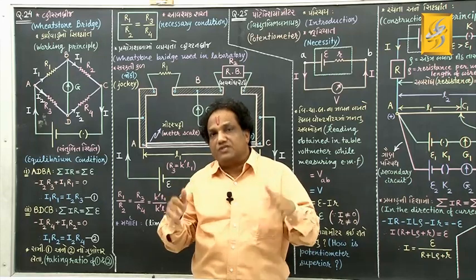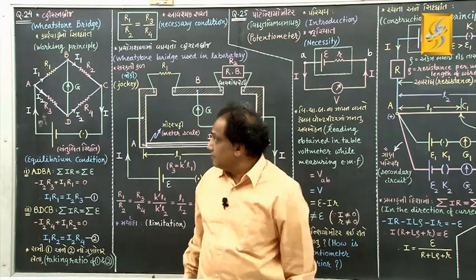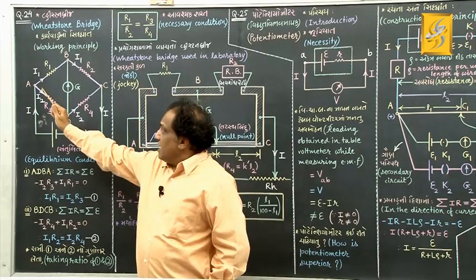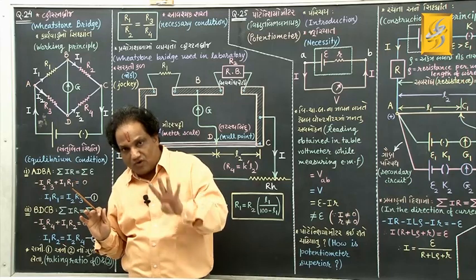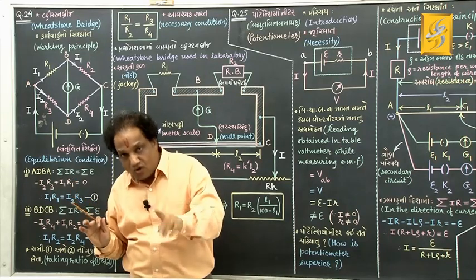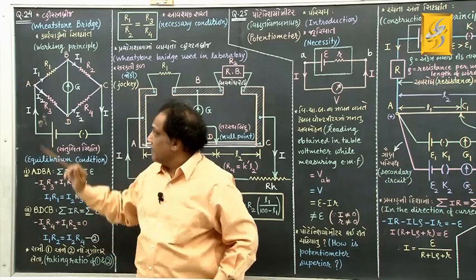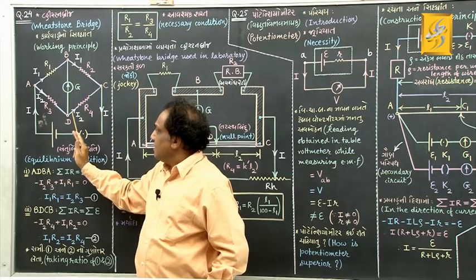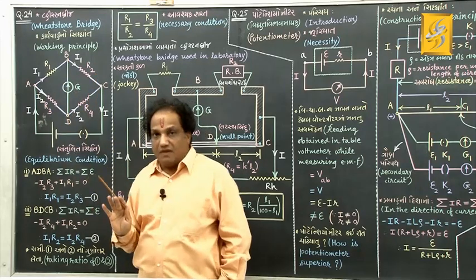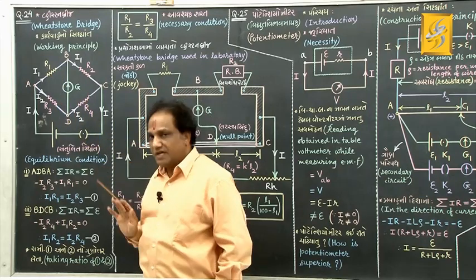Now I am showing you its construction. Construction is very simple. Look here. We have one quadrilateral formed by connection of four resistances, one resistance in each side of this quadrilateral. The quadrilateral is A, B, C, D, A, and we find one resistance in each side, correct?